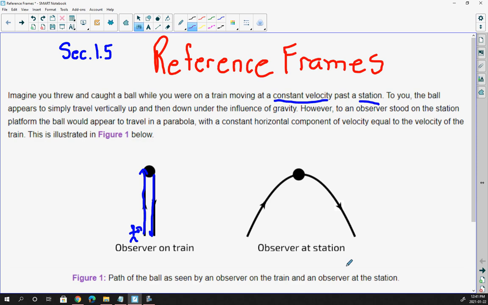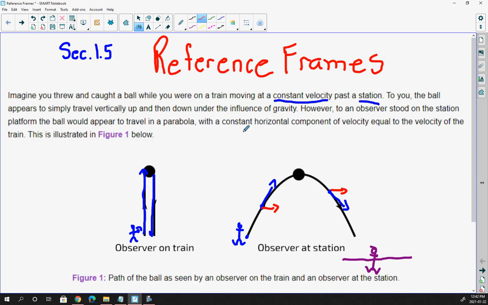So here's a person, here's a platform, and they're sitting here watching you throw the ball upward. This person sees a parabola, where if you were to take the velocity at any point and look at the x component of that velocity, it would be equal.